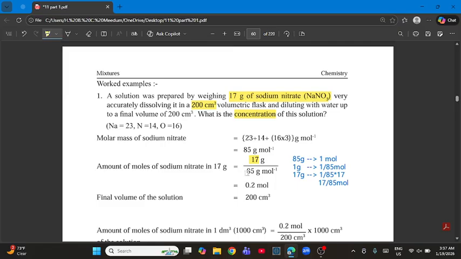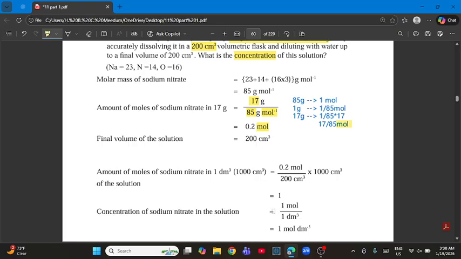17 over 85, then gram cancels with gram and mole is remaining. This mol minus comes upward, then it becomes just mol. Okay. Final volume of the solution is 200.